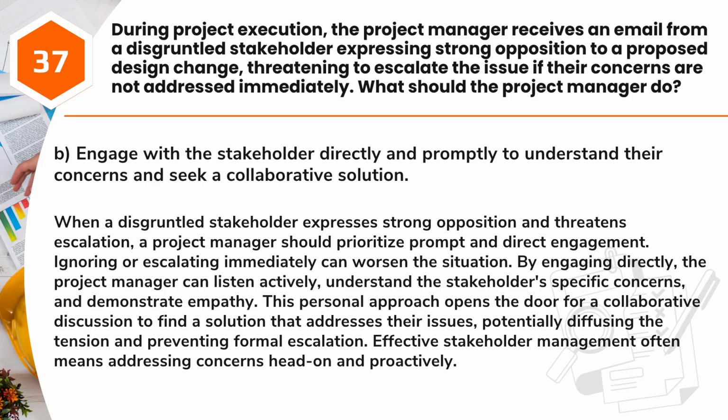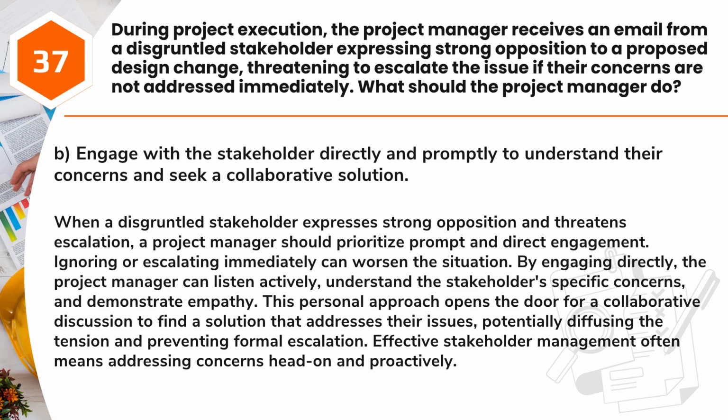Answer: B. Engage with the stakeholder directly and promptly to understand their concerns and seek a collaborative solution. When a disgruntled stakeholder expresses strong opposition and threatens escalation, a project manager should prioritize prompt and direct engagement. Ignoring or escalating immediately can worsen the situation.